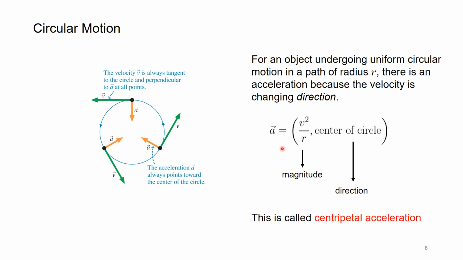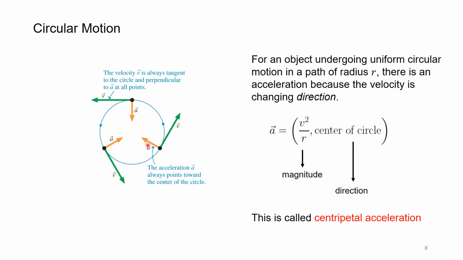And this acceleration here points to a center. So the name we assign to it is called centripetal acceleration. Centripetal means pointing to the center. So the acceleration is always pointing to the center for circular motion, so it's known as centripetal acceleration.